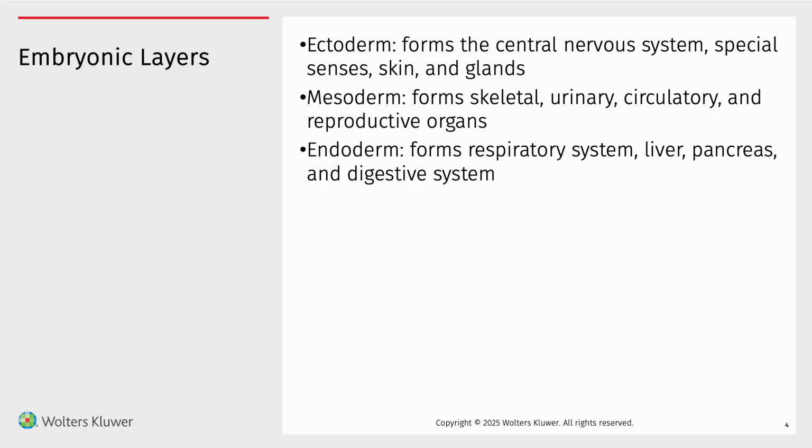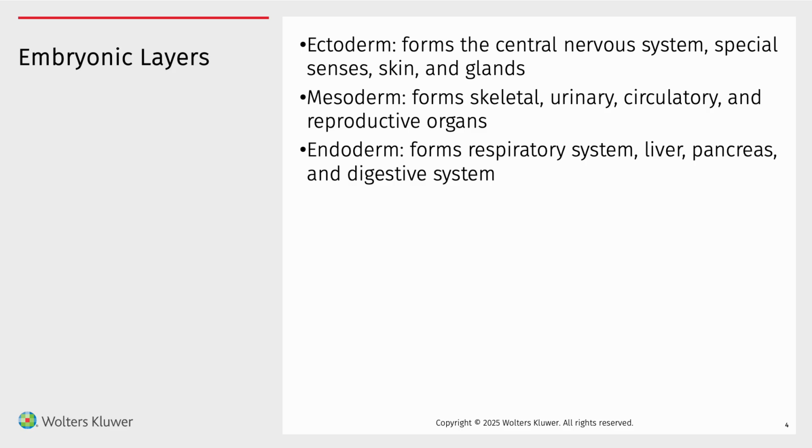Mesoderm forms the skeletal system such as your bones, your muscle, urinary system, circulatory system, your heart, blood vessels, your reproductive organs. So the nursing relevance here, many congenital abnormalities in the cardiac system originate from the mesoderm or the mesodermal disruptions.